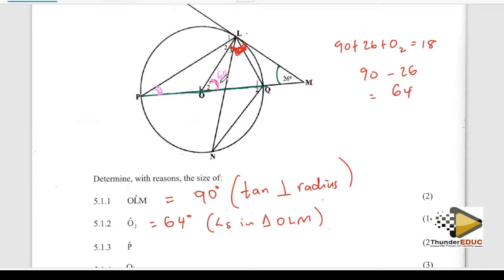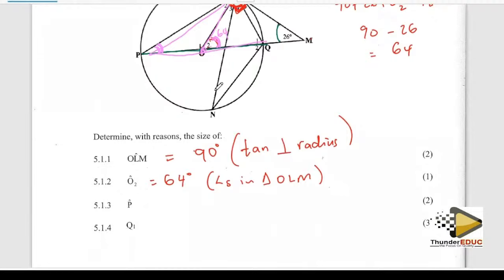So if this is a 64, I don't know if people can see that the same chord that is creating 64 is the same chord that is creating this. Just that O2 is at the center, P is at the circumference. So we apply angle at the center must be twice angle at the circumference.